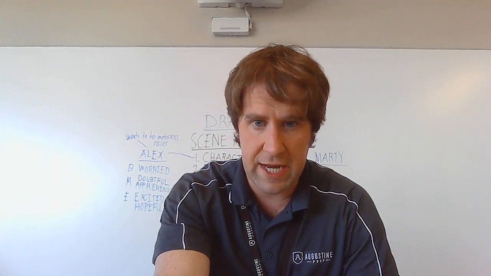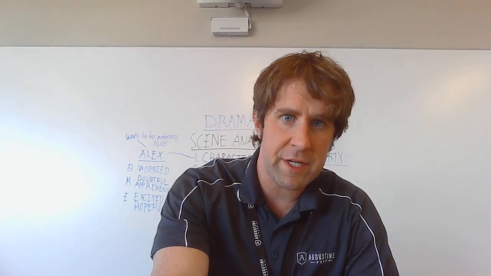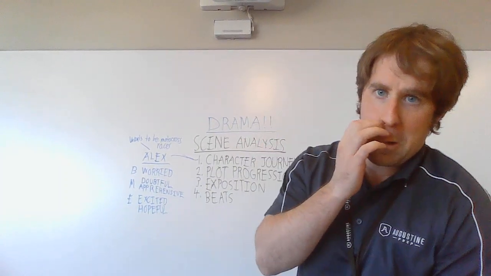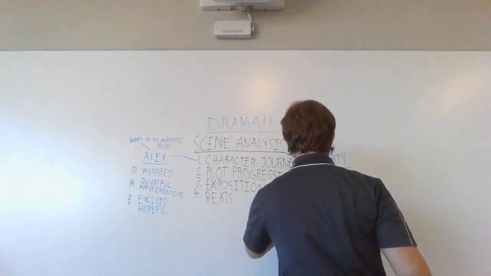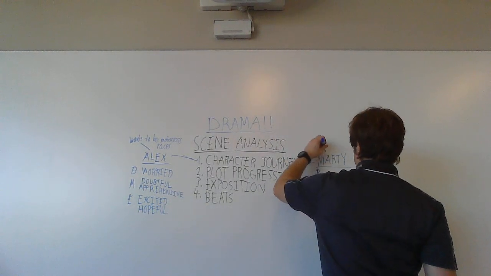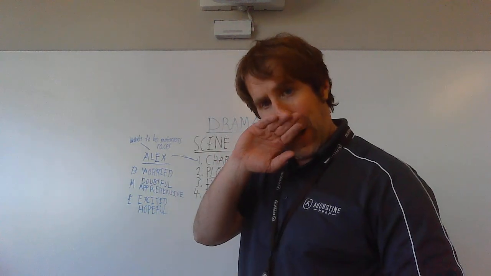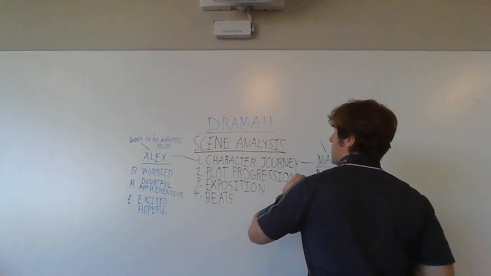We have analyzed Alex. Now let's go to the other side and let's give an analysis for Marty, right? Okay, so Marty is at the beginning, middle, and end. So ultimately what he wants, much like Alex, doesn't really change, right?